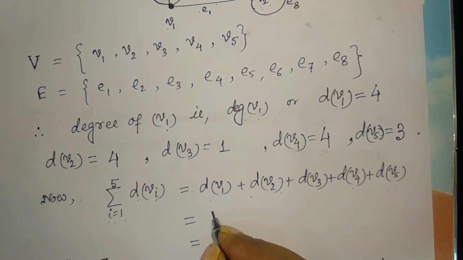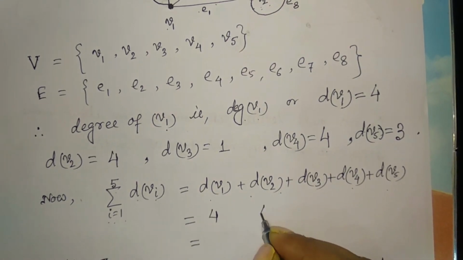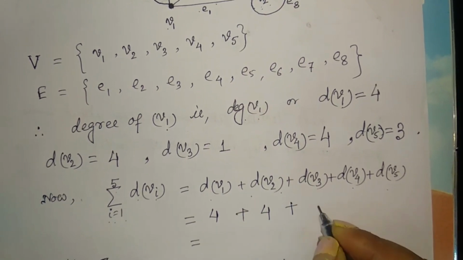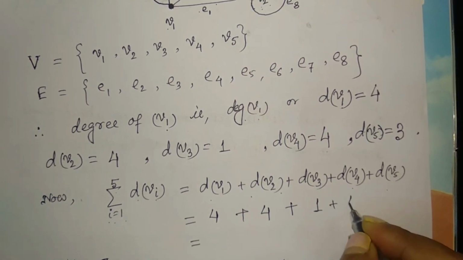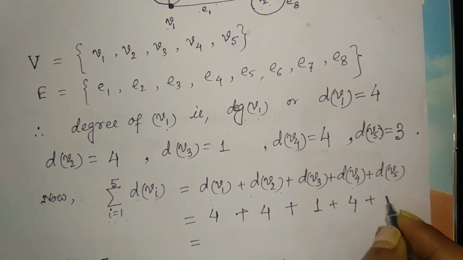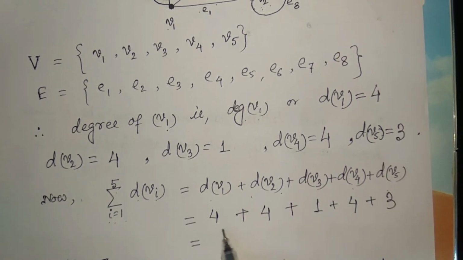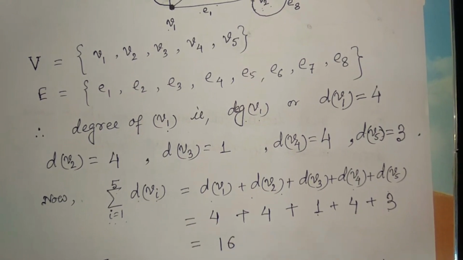Degree of V1 is 4, V2 is again 4, V3 is 1, V4 is 4 and V5 is 3. So the total degree is 4 plus 4 is 8, plus 1 is 9, plus 4 is 13, plus 3, it is 16.